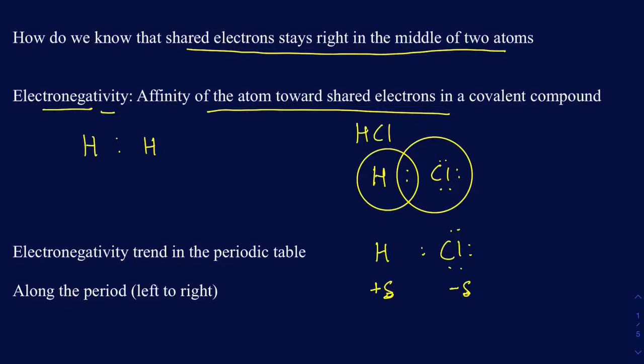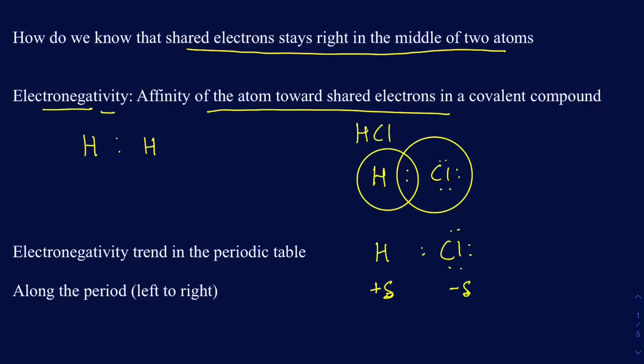It hasn't fully gained the electron, so it doesn't get a full negative charge, but a partial negative charge instead. And the same story with hydrogen. If an atom loses an electron, it gets a full positive charge. But here, hydrogen is losing access to those shared electrons, so it's getting a partial positive charge, not a full positive charge.